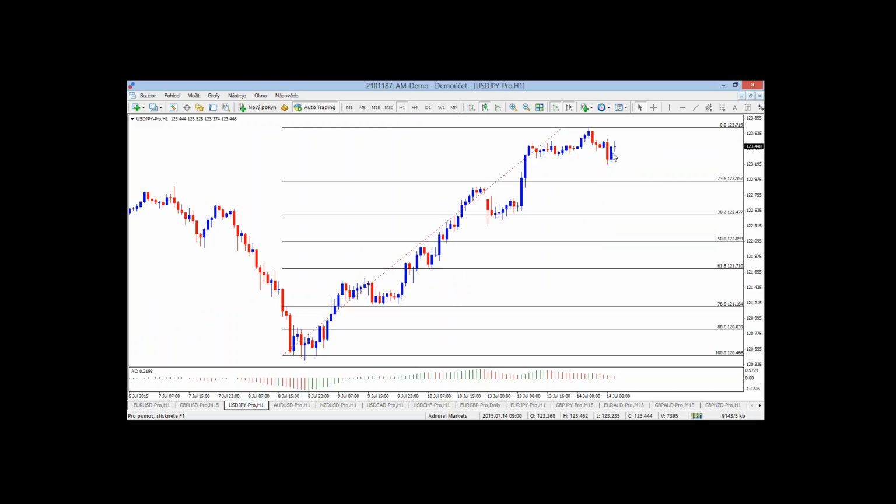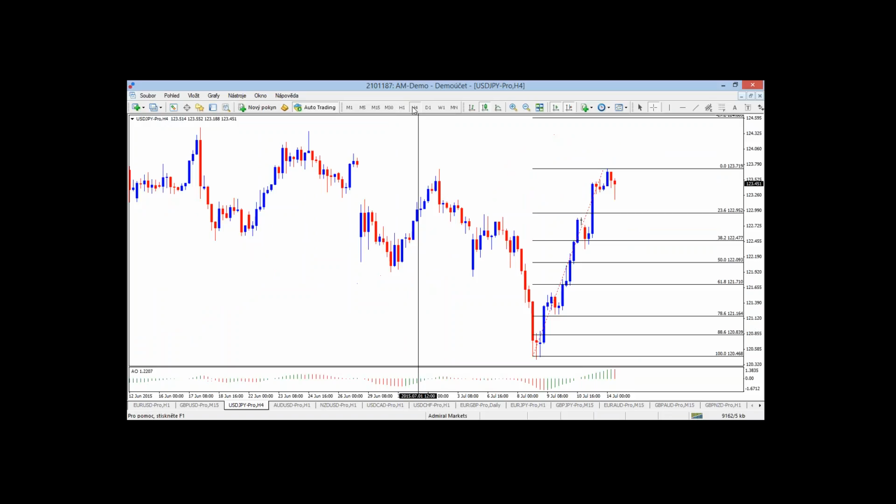Let's see, this is 246. I think that this momentum is over for the moment. This is the 7th candle, and it doesn't look like it's going to break this top at 123.70. So in the next 20 minutes. So I don't consider this to be probably time for retracement.